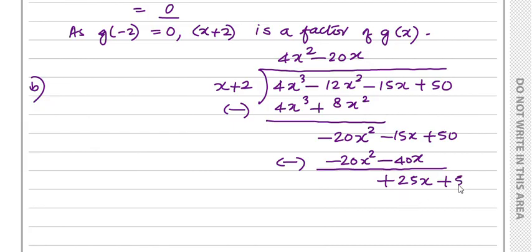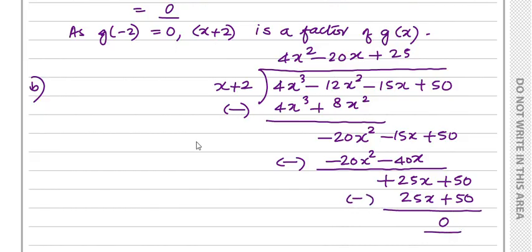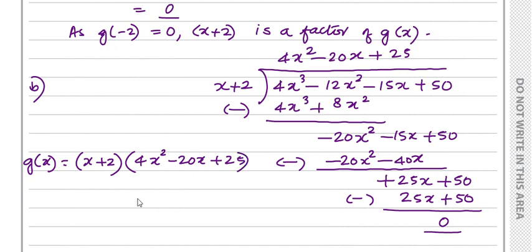Then plus 50. Now x will go into 25x 25 times. So that is 25x here plus 50 here. Obviously, the remainder will be 0 because we know that x plus 2 is a factor. So we can write g of x is equal to x plus 2 bracket this quotient here 4x squared minus 20x plus 25. Okay.